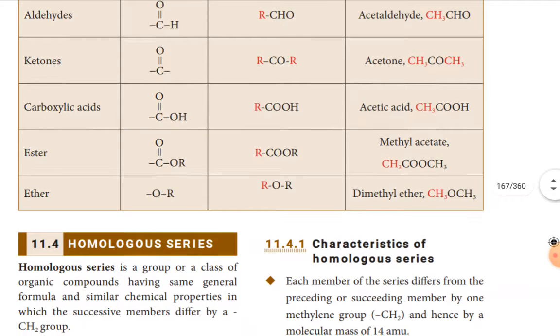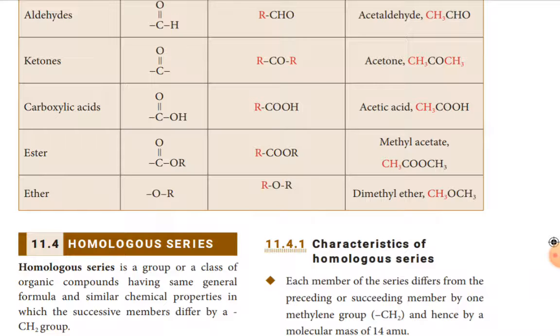Then carboxylic acid, functional group COOH. CO is carbonyl, OH is hydroxyl. Carbonyl and hydroxyl, both groups are attached and act as the functional group for the carboxylic acid. And R is the alkyl group. Here the alkyl is methyl. So CH3COOH, the name of the compound is acetic acid.